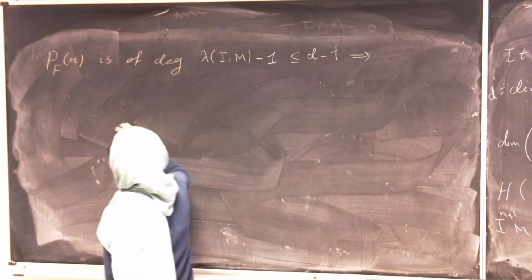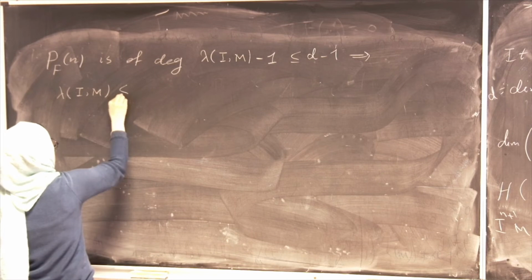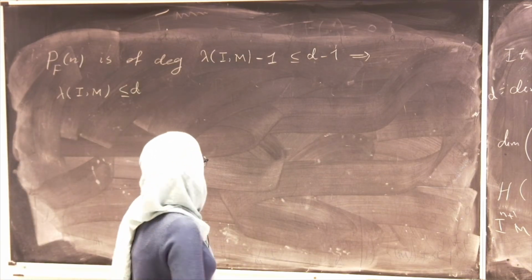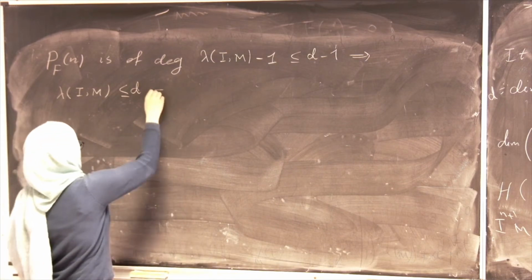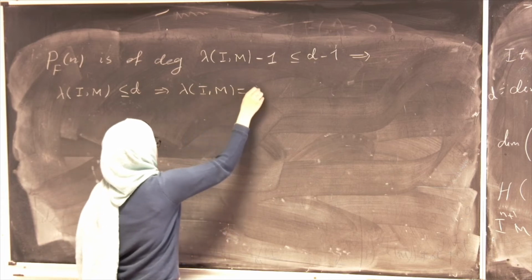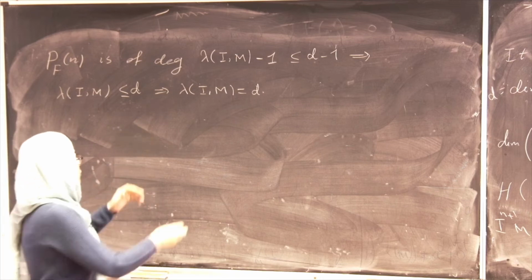So I will get lambda(I, M) is less than or equal to d. And this is what I was looking for. So lambda(I, M) is exactly d. And this was mu of J.